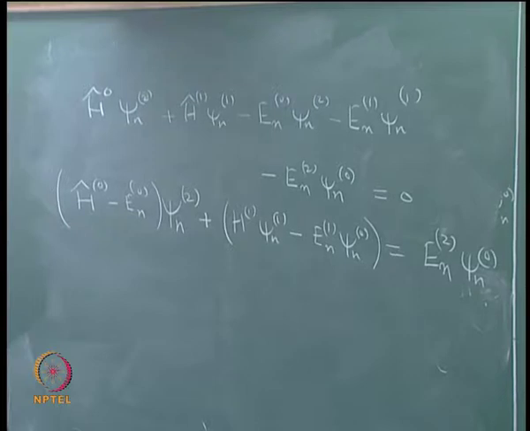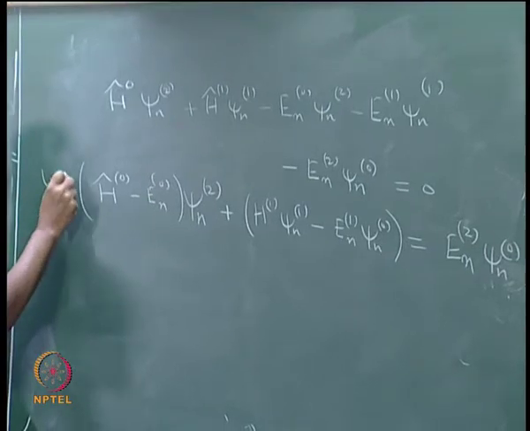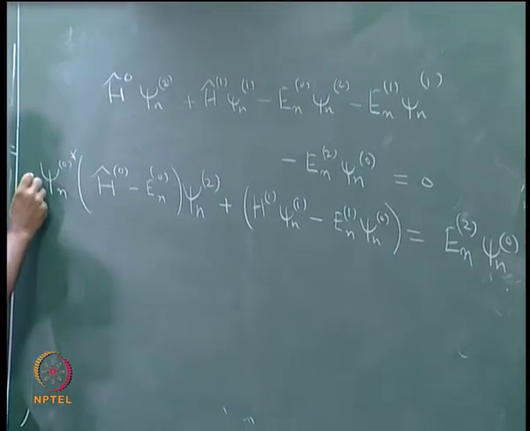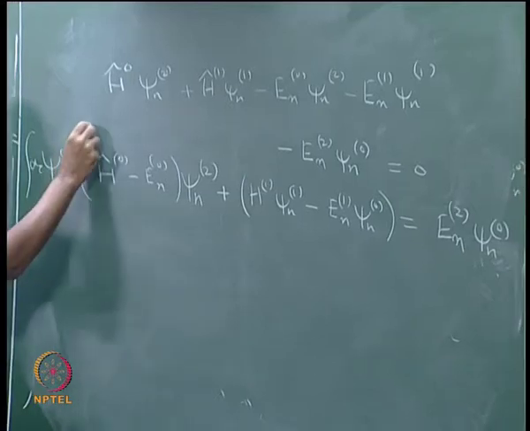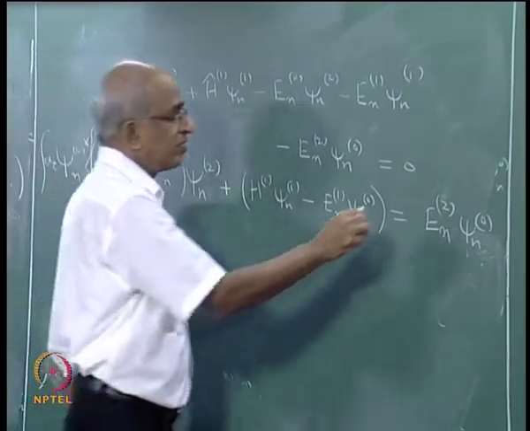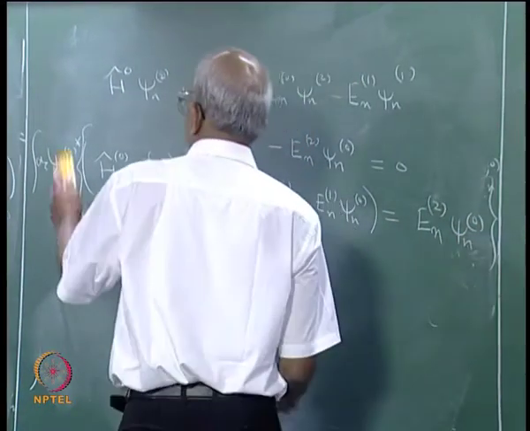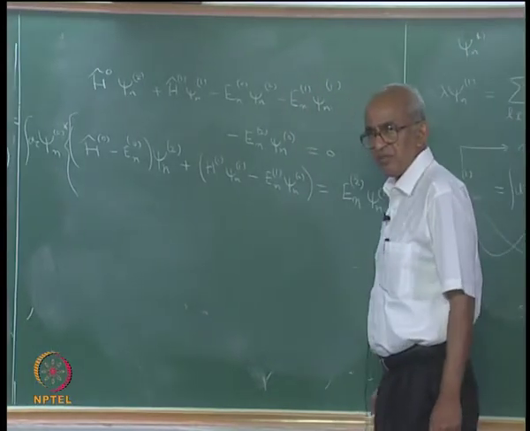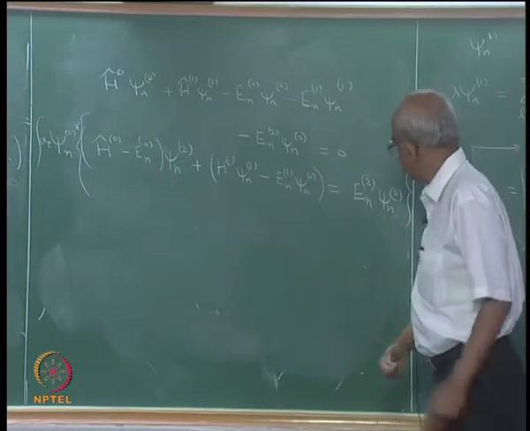All that I need to do, I think I am going to run out of time, is multiply by psi n0 star dτ everywhere. Now, you can see the reason for that.